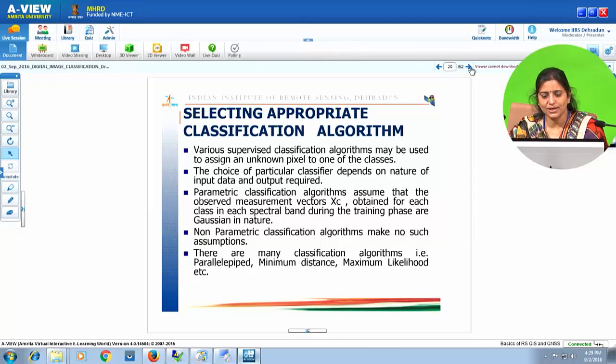The parametric classification algorithms assume that the observed measurement vector Xc, obtained for each class in each spectral band during the training phase, is Gaussian in nature. Non-parametric classification algorithms make no such assumptions. There are many classification algorithms, that is parallelepiped, minimum distance to means algorithm, maximum likelihood algorithm, and so on.